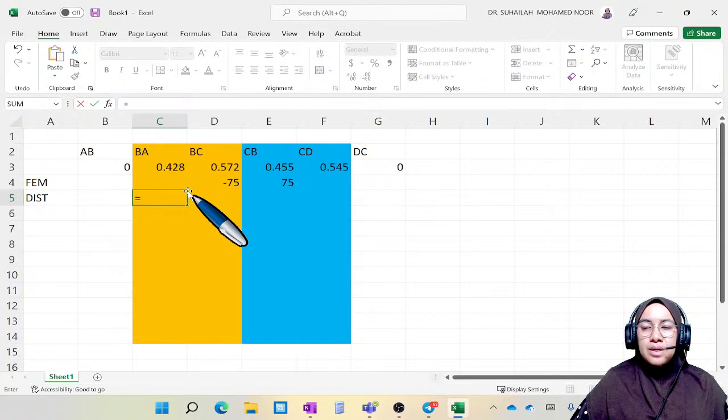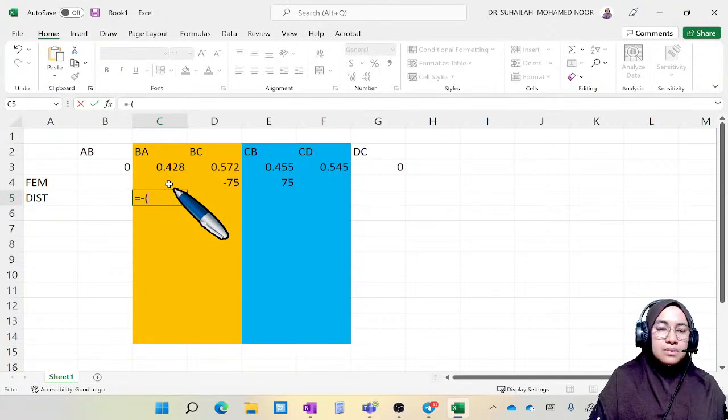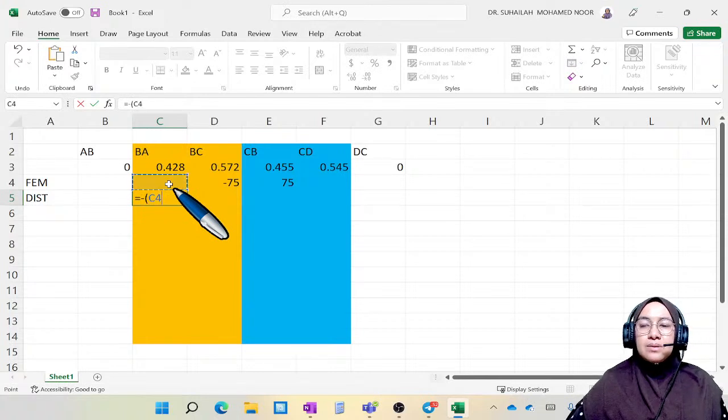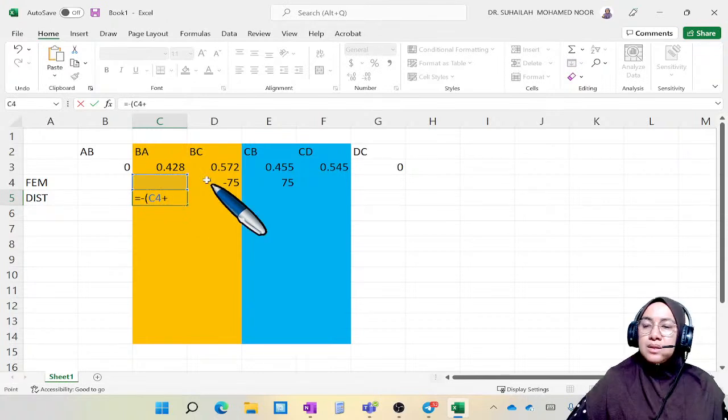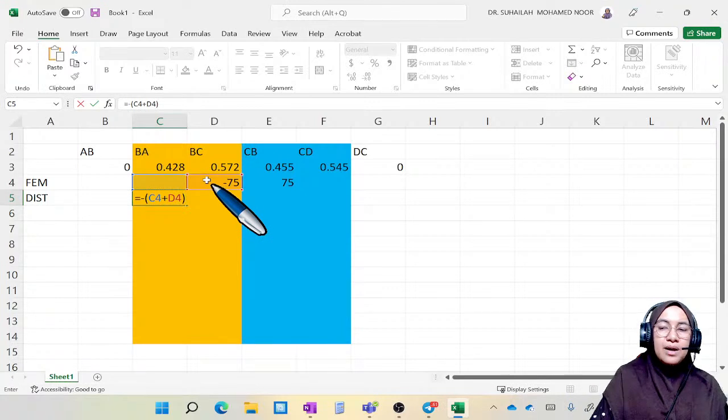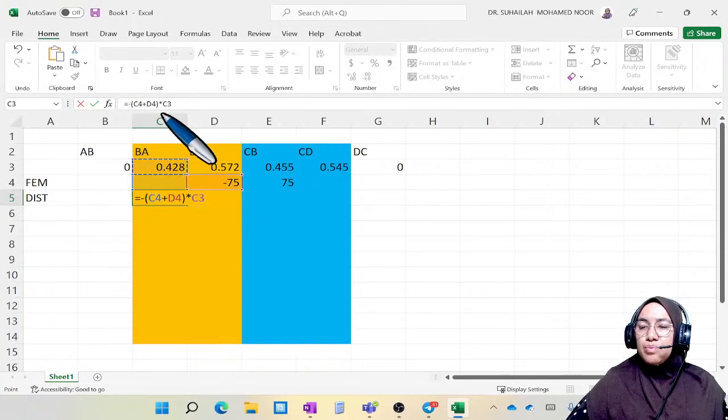So it is negative, plus negative 75 times 0.428.